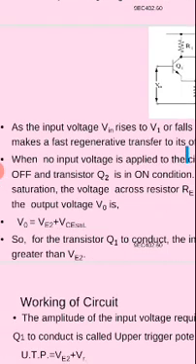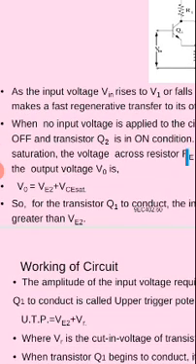In this case, the output voltage is low, equal to VE2 plus VCE sat.